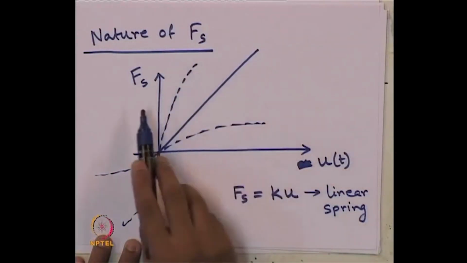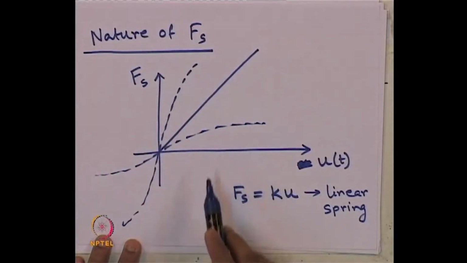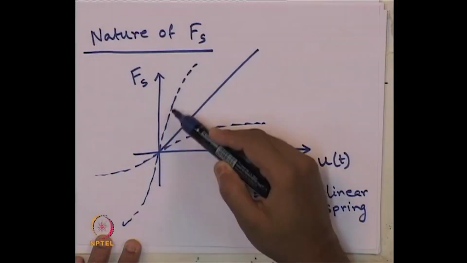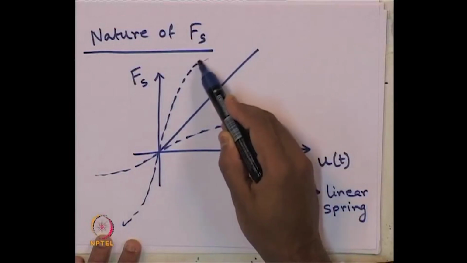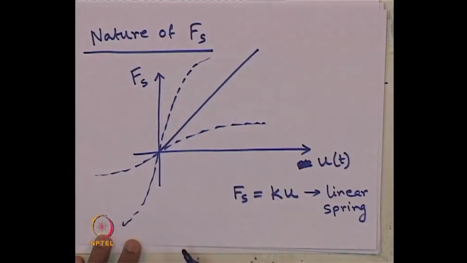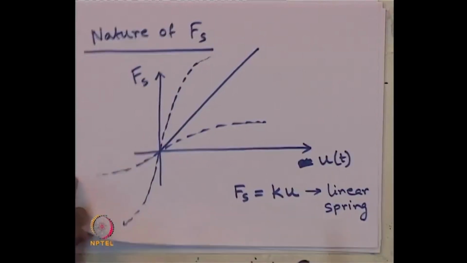So, there the relation of force displacement need not necessarily be a linear one, but it can be curvilinear in nature. In that case, this relation of F s equals to k times u is not holding good. So, we have to be careful when we are using these expressions for forces. The spring force equals to k of u is valid only if we are considering the linear spring.